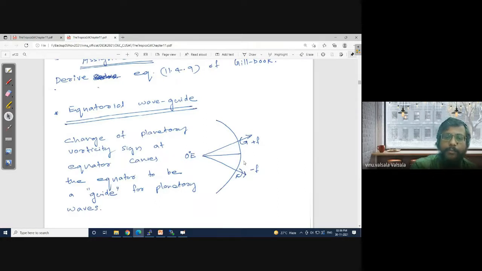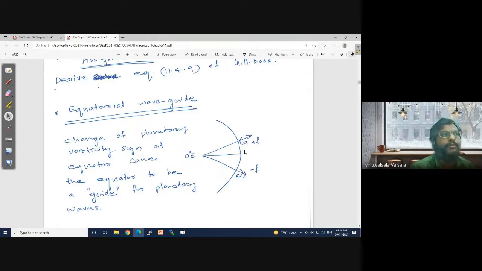And why is it happening? Because the dramatic switching of the planetary vorticity as you cross the equator gives some kind of restoration of the system with respect to the equator. So the waves form some type of mode structure. That is why we have the discreteness.